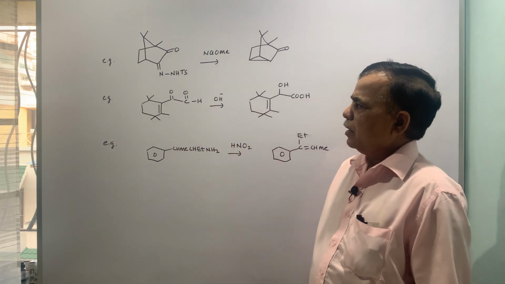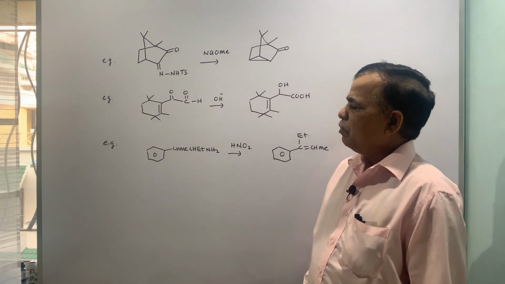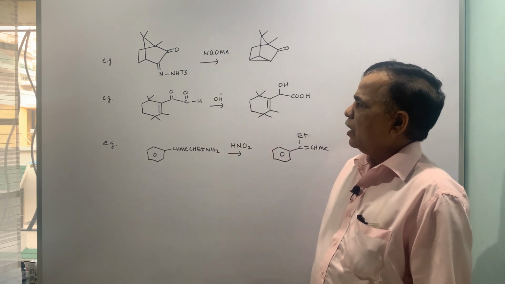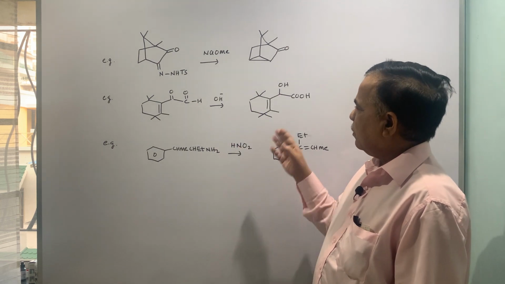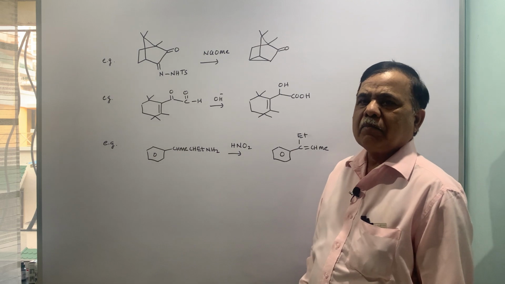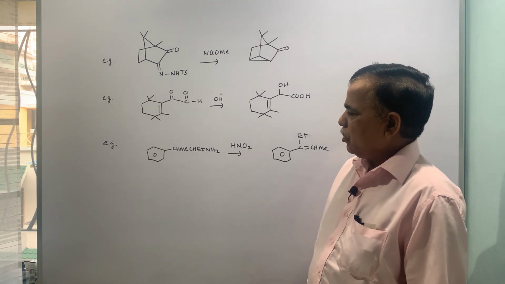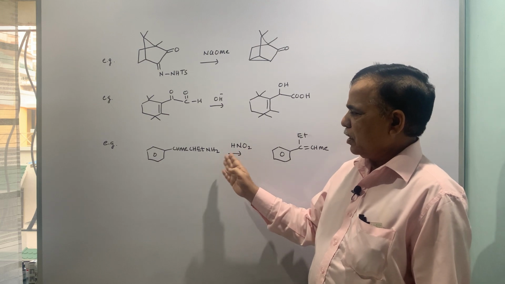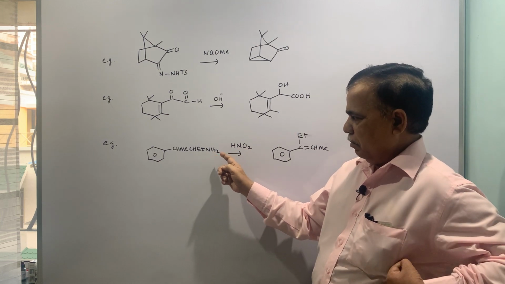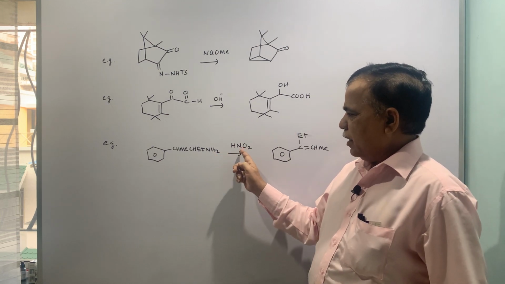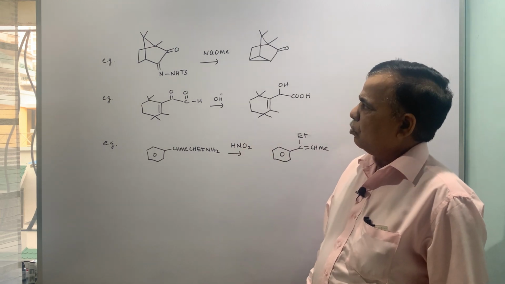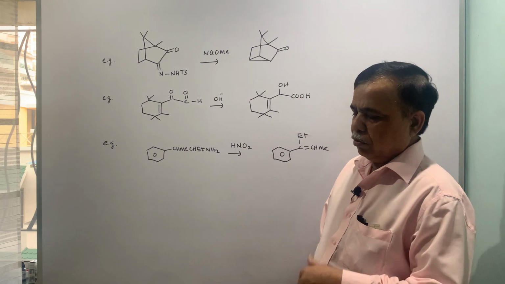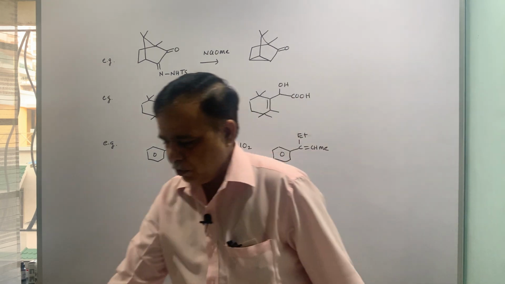Second is this bifunctional compound where a ketone and an aldehyde are there, treated with hydroxyl ion, and you get this redox reaction. Third one is the rearrangement, which is carried out with HNO2.